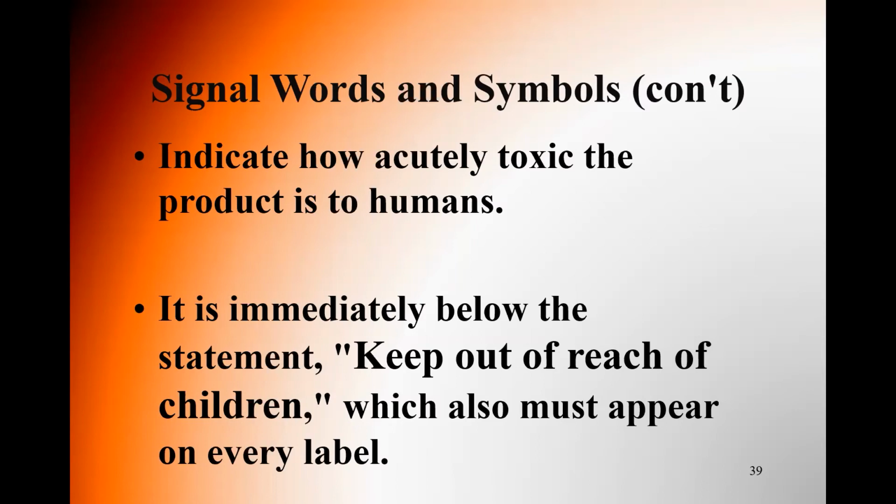And then they will do it by inhalation. They'll do it orally in different ways like that, and they'll have different amounts. But immediately below that statement of the signal word is "keep out of the reach of children," and it must appear on every label because it is imperative we keep it out of the reach of little hands that might become sick because of it.